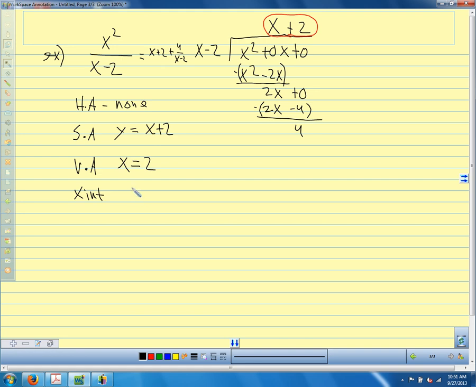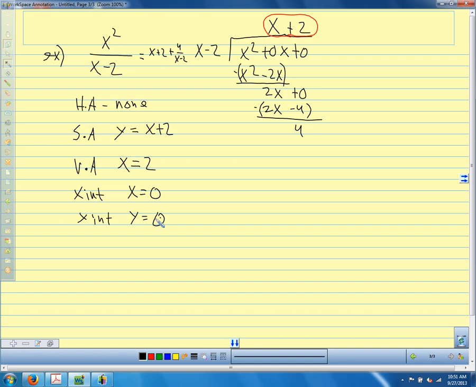Numerator is 0 when x equals 0. Y-intercept. We plug in x equals 0. What happens here when we plug in x equals 0? 0. So this tells us that our graph goes through the origin at 0, 0.